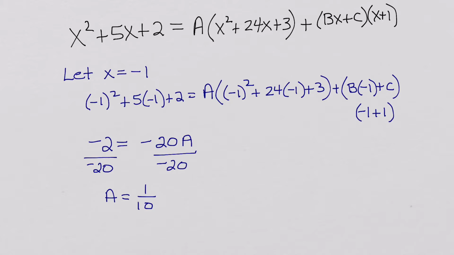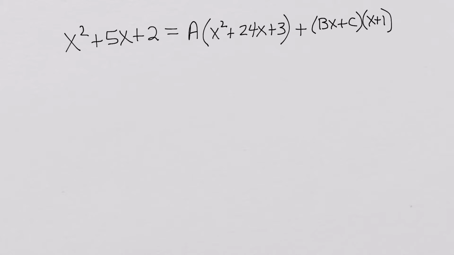Let's take a look at what we can do next. In the last screen, we saw that a turns out to be 1 over 10. So I'm going to take my expression and rewrite it with a 1 over 10 substituted in. Now, what else could I let x equal that would make my life better by being able to find b and c?